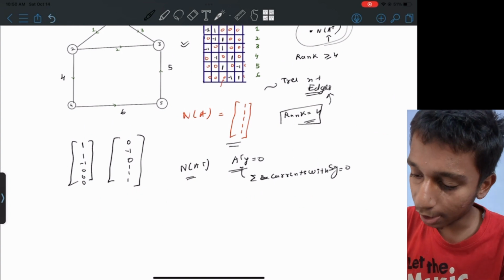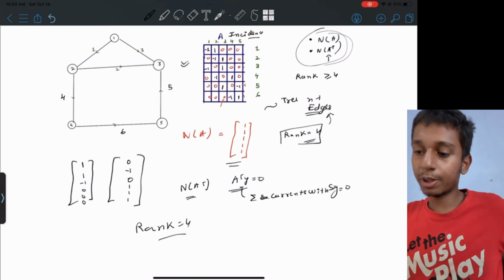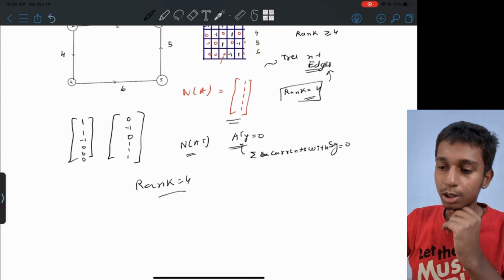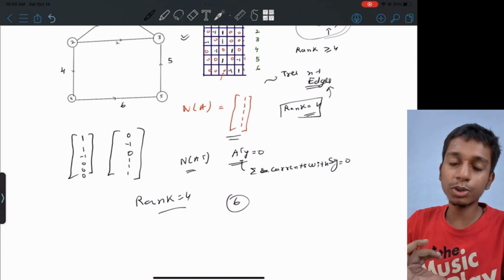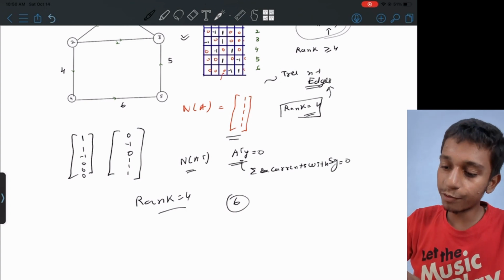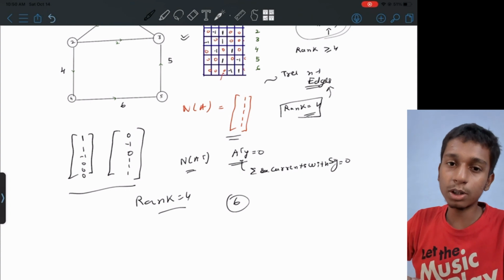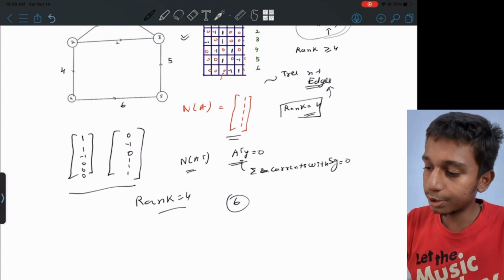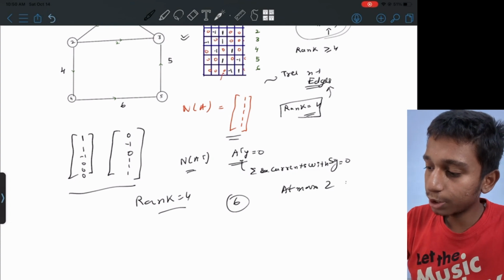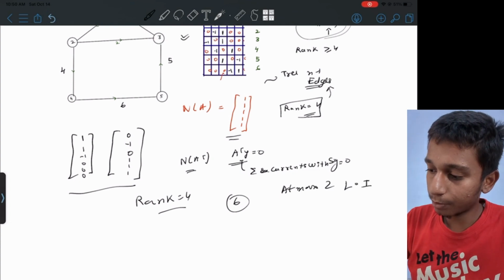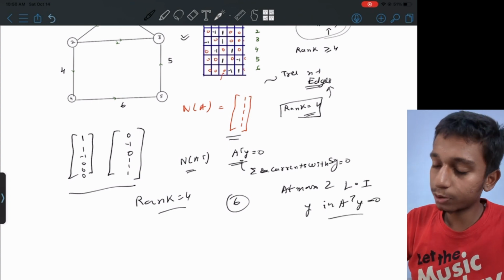Since the rank is equal to 4, and there were at max 6 possible, and we have found 2 elements in the null space, we have found all the elements, because there could be at max 2 linearly independent y in the solution of A transpose y equals 0.